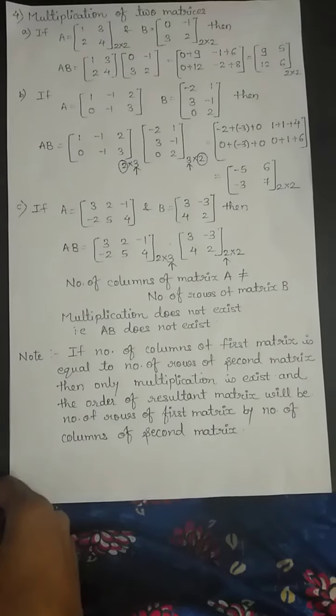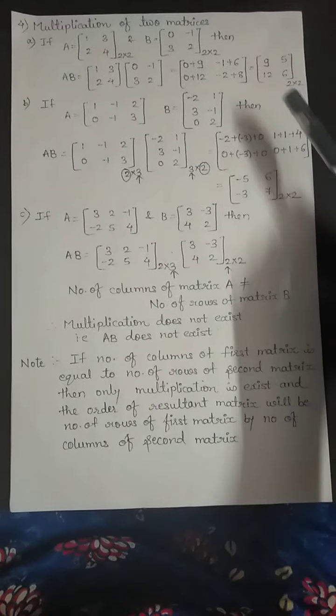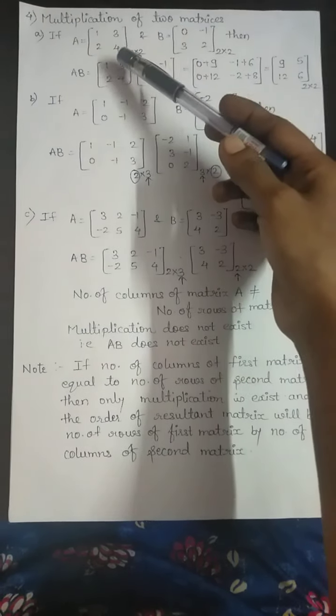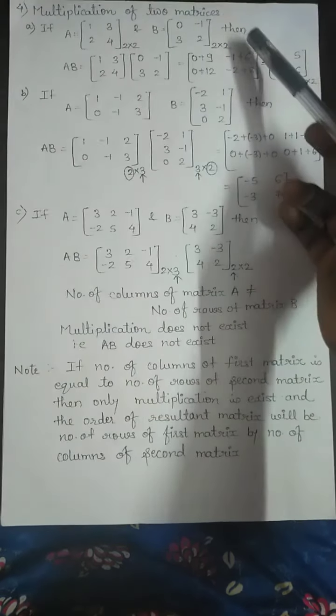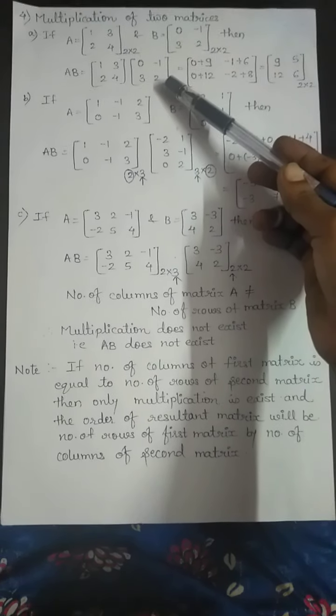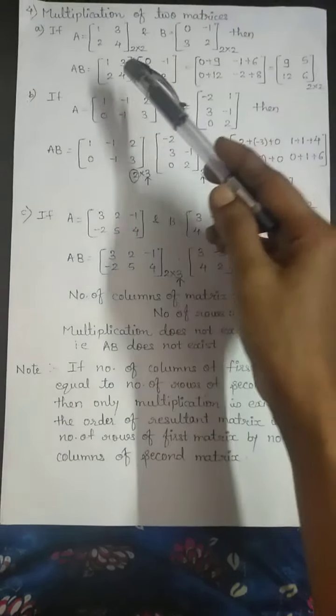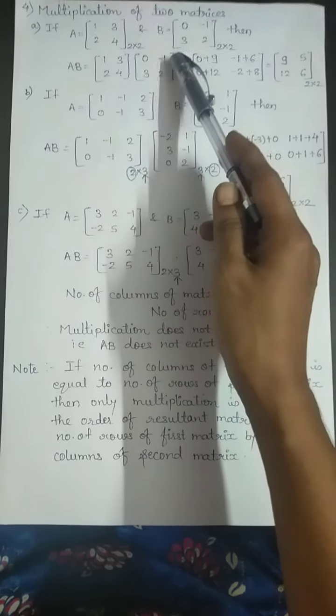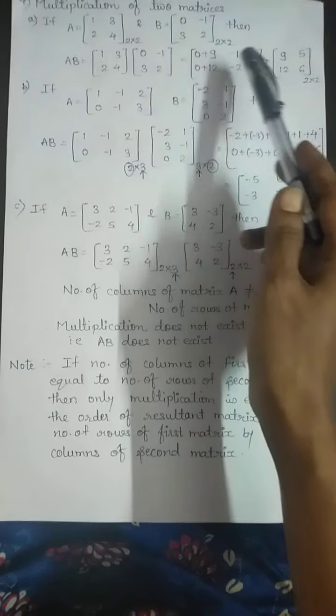Now the next operation is multiplication of two matrices. Here suppose I consider two matrices of order 2 by 2, then for multiplication a proper process is given. We cannot multiply like 1 into 0 is 0, 3 into minus 1 is minus 3 and so on.